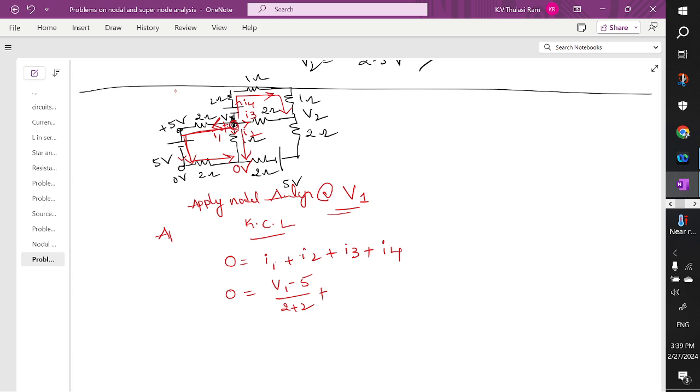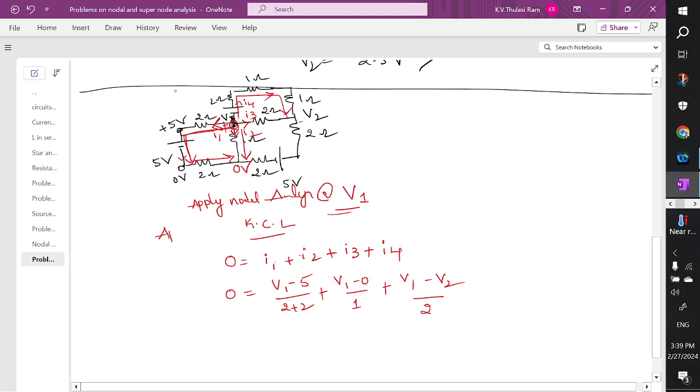High potential is how much? Current is leaving, plus V1 minus 0 divided by 1 ohm, plus, how to write down the current I3? V1 minus V2 divided by 2.